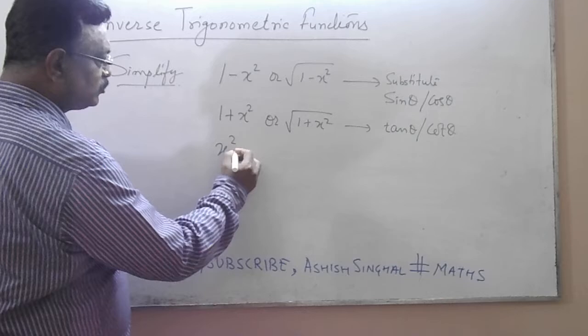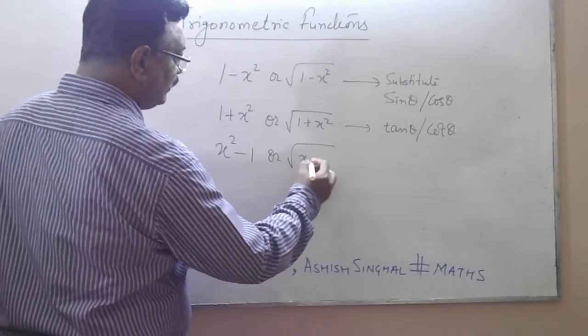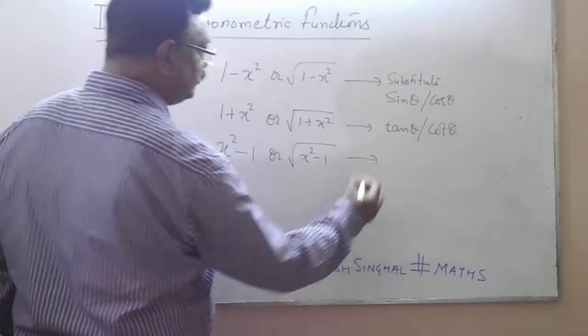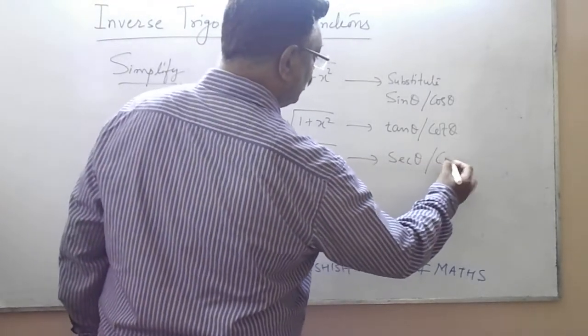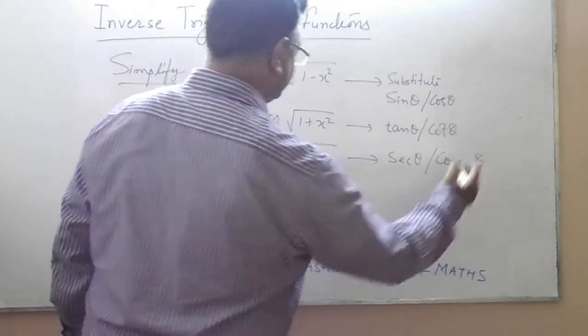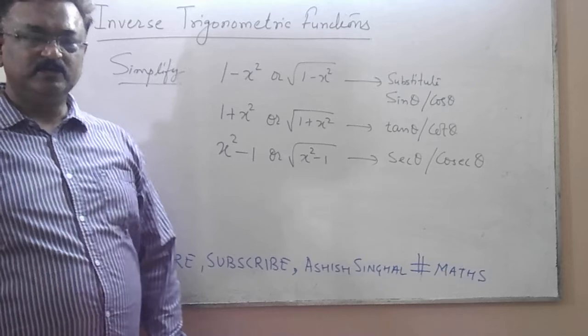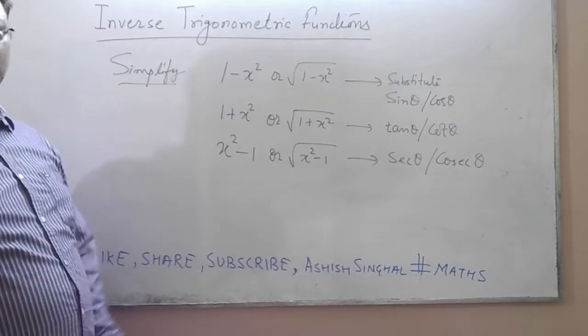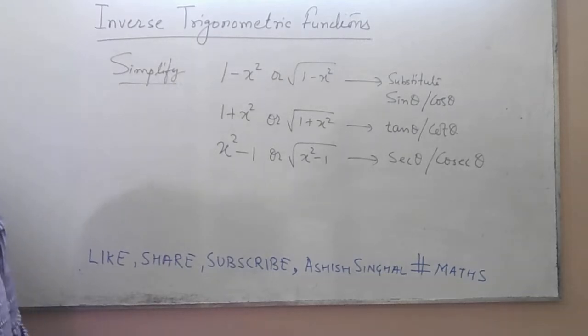Whenever it is x square minus 1 or root of x square minus 1, then you substitute sec theta or cosec theta. By doing these substitutions, you will see that it is always very simple to simplify the given function. Now, we take up the questions from exercise 2.2.